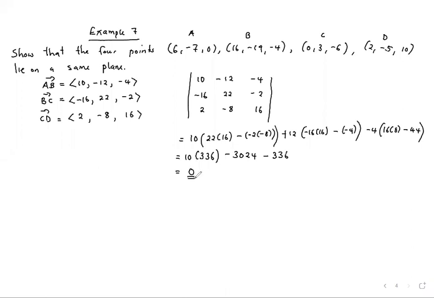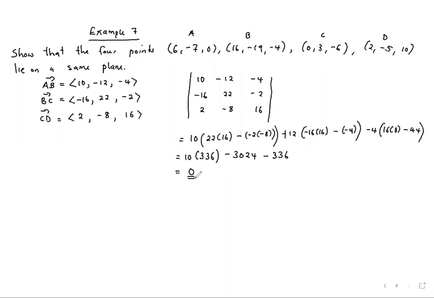So if we get 0, then these points lie on the same plane. So we just form 3 vectors connecting these points.